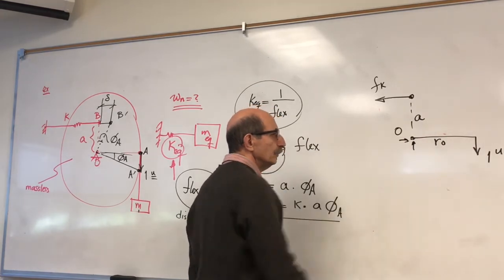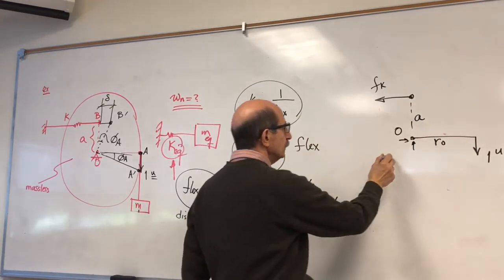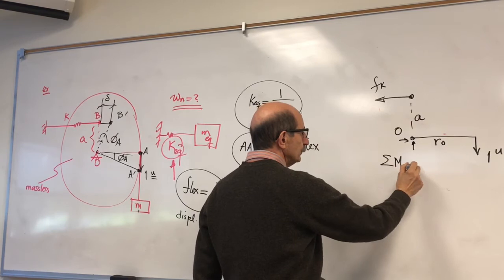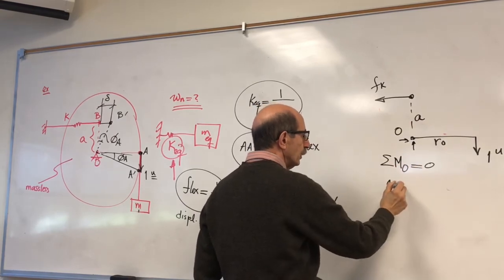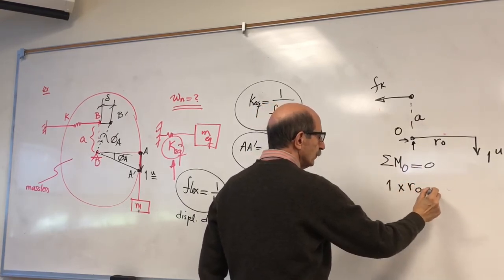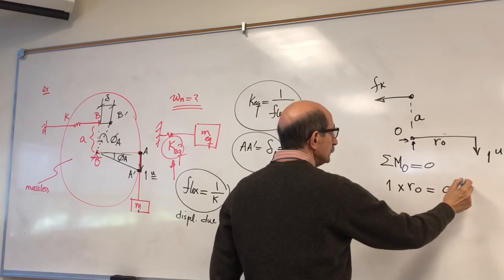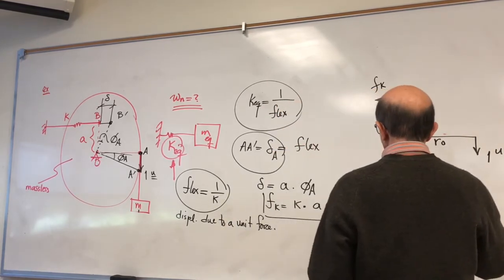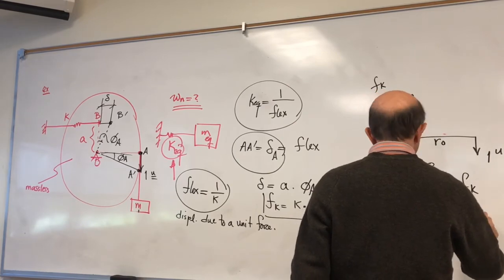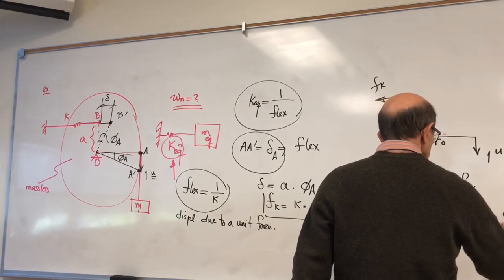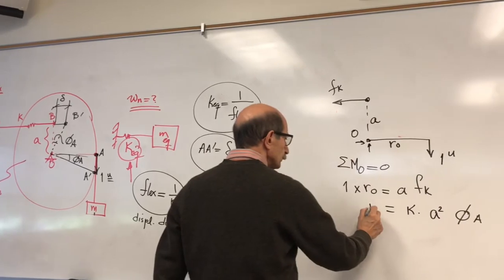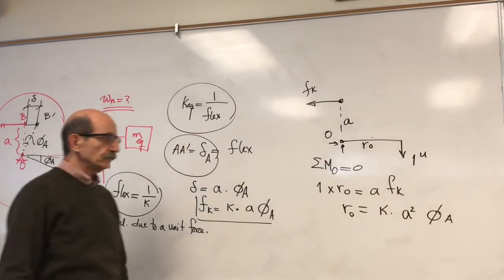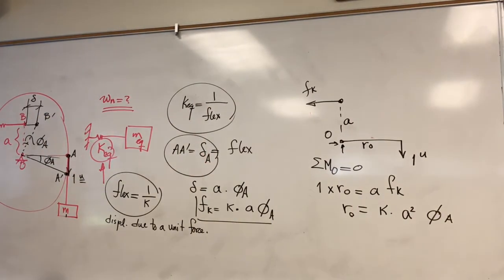This is point O, so I can take summation of moments at O equal to 0. So I have 1 times R0 is equal to A times Fk. Fk is this guy, so it would be K A squared phi A. So I get this relationship, right?